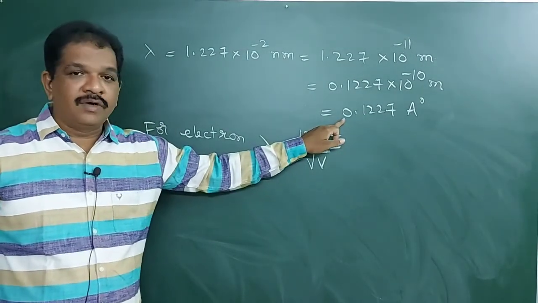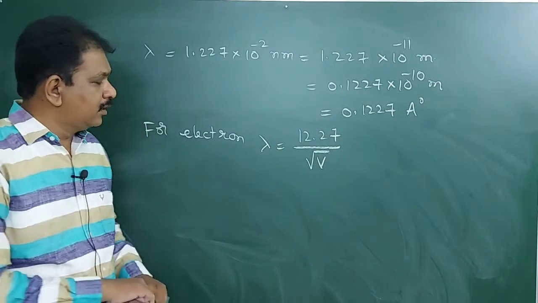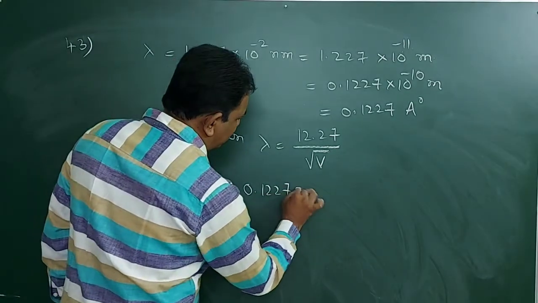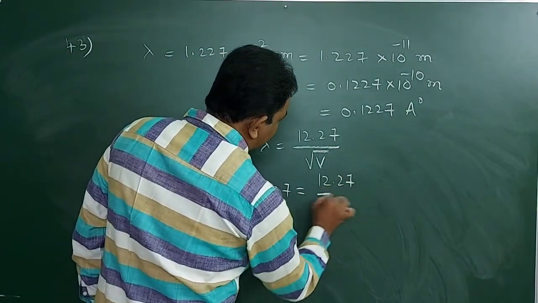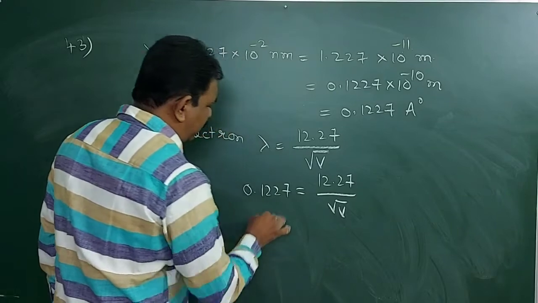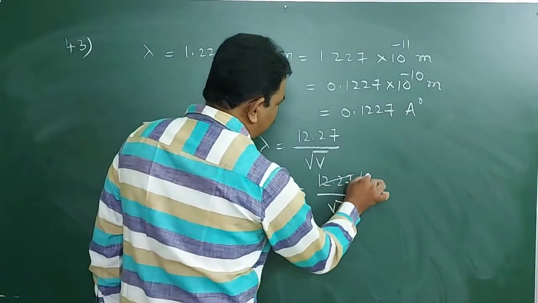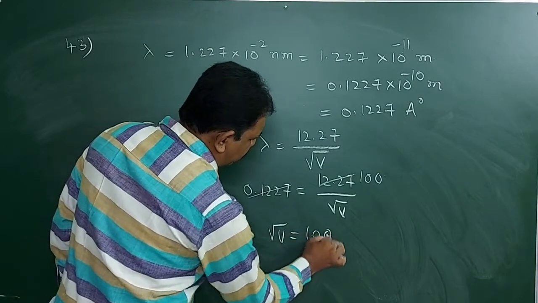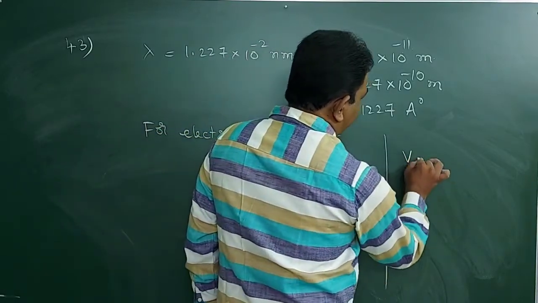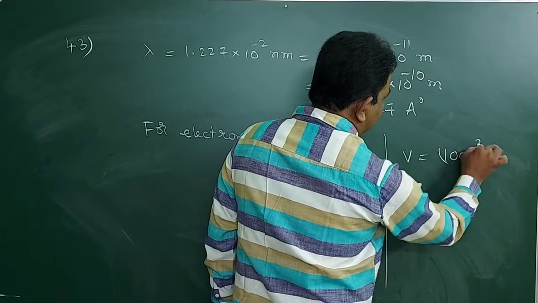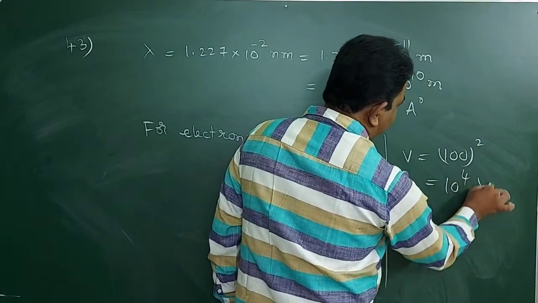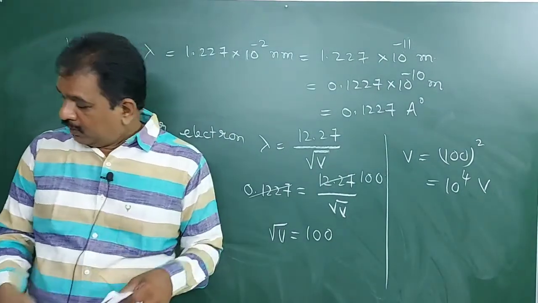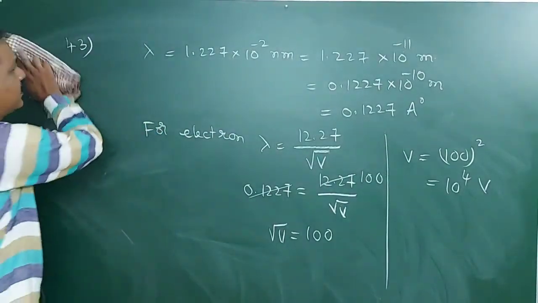That's why we are converting lambda into angstrom. So 0.1227 is 12.27 by root V. This cancels by 100 times, so root V is equal to 100, and V is equal to 100 square, 10 power 4 volt. Next, 44, last question.